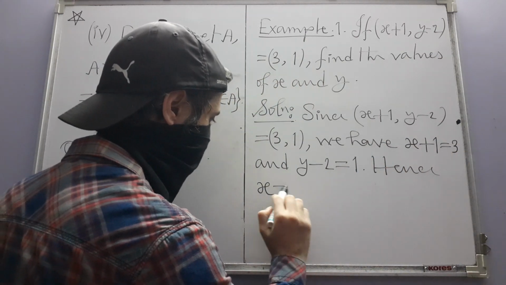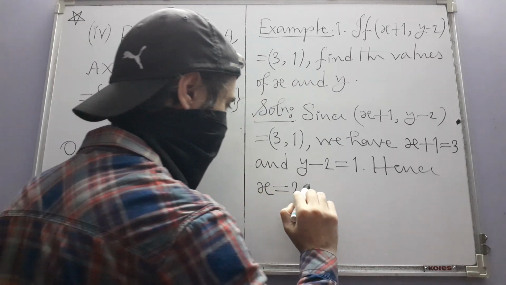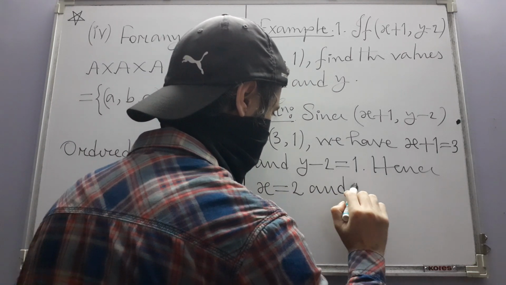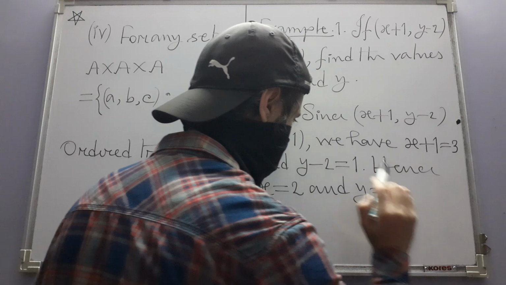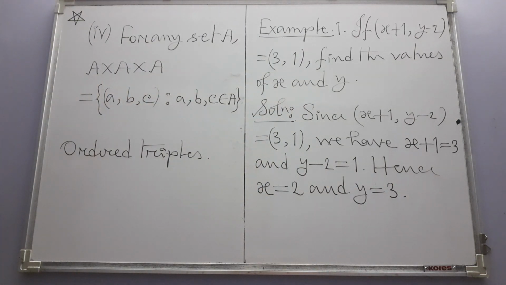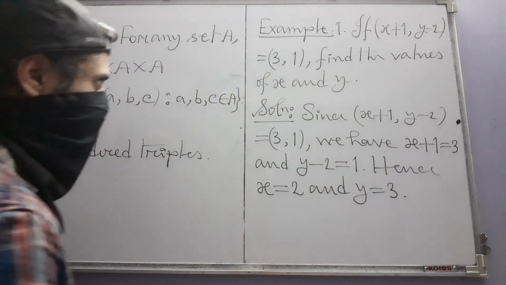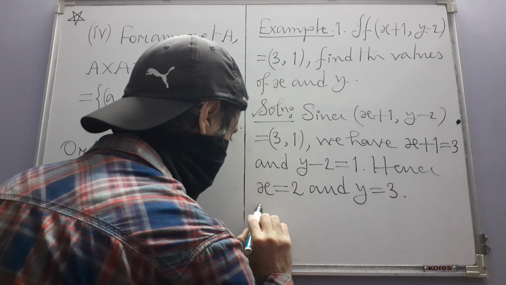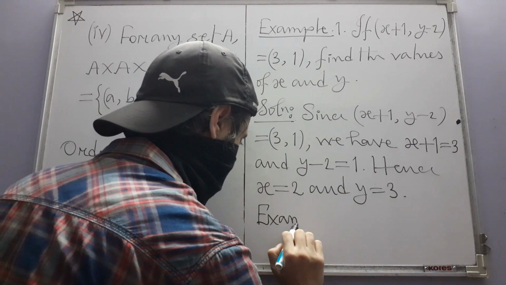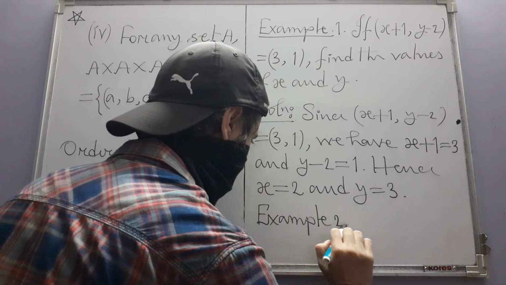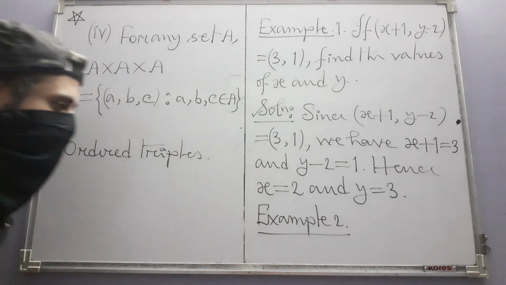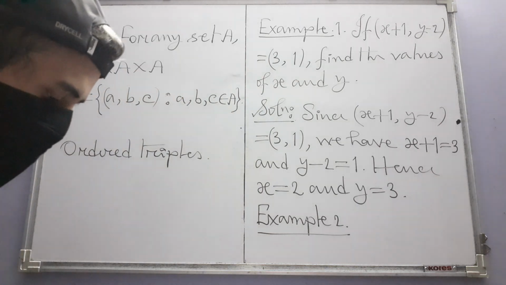Hence, x must be 2 and y must be 3. So this example tests if you have really understood when two ordered pairs are equivalent and when they are not.